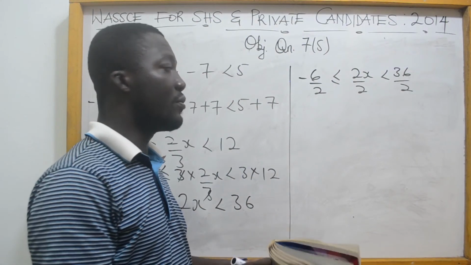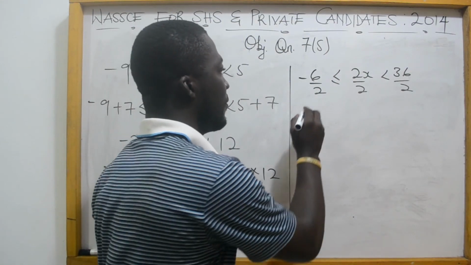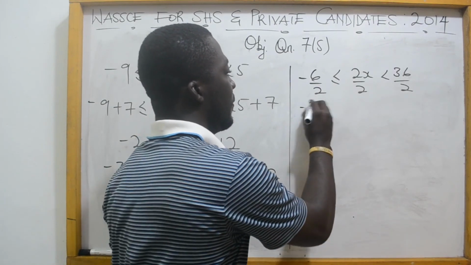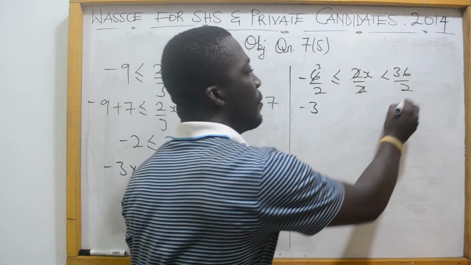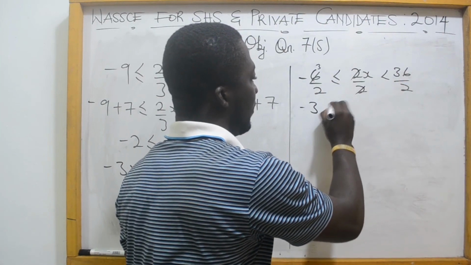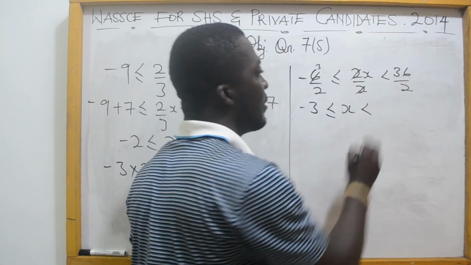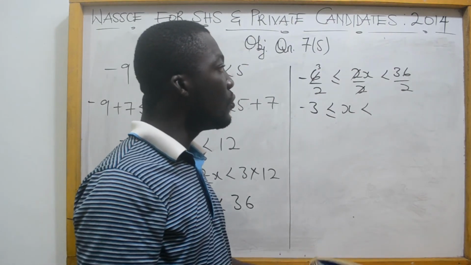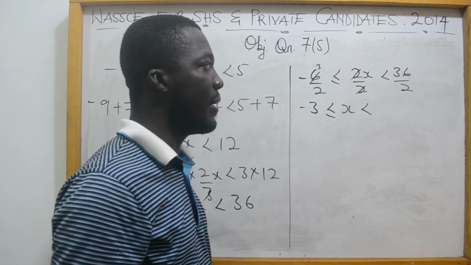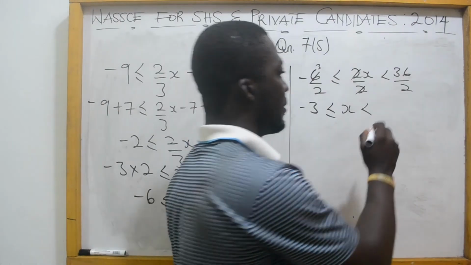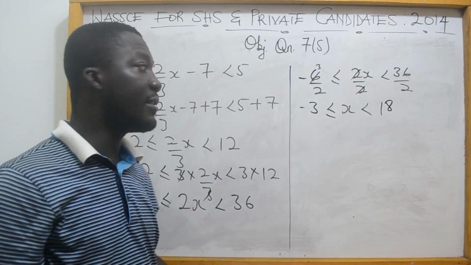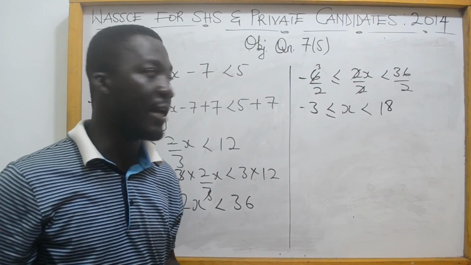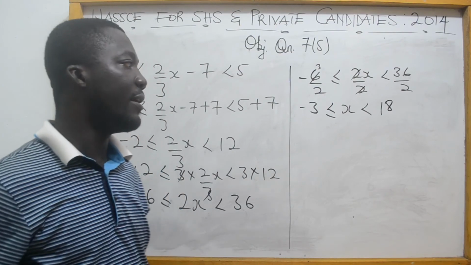2 goes into 6 is 3, so -3. Then 2 will cancel 2. Then now, ≤ x <, 2 into 36 is 18. So we now have the inequality -3 ≤ x < 18.